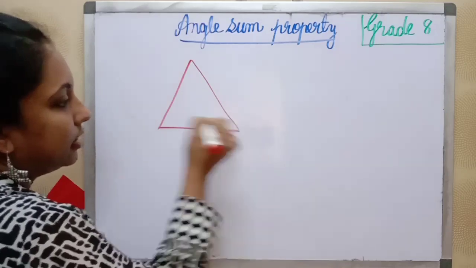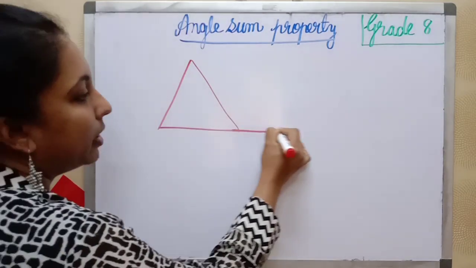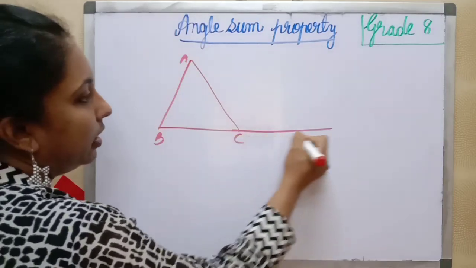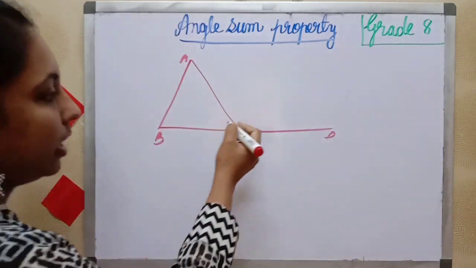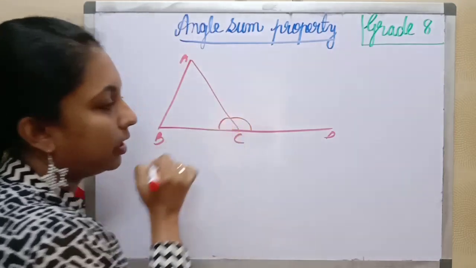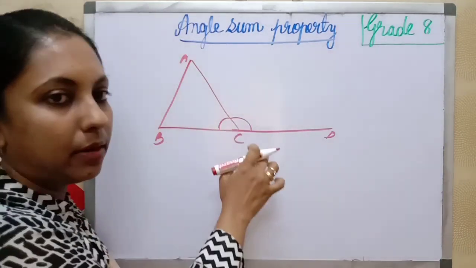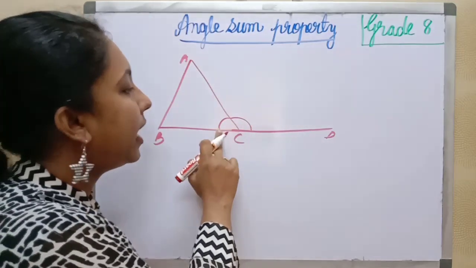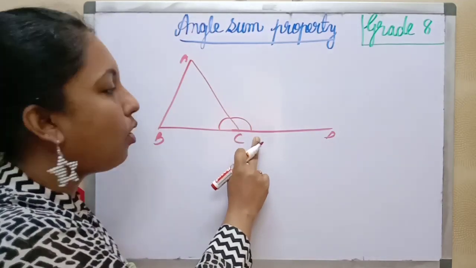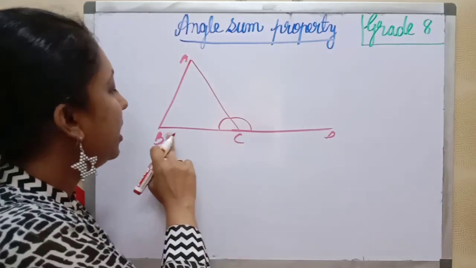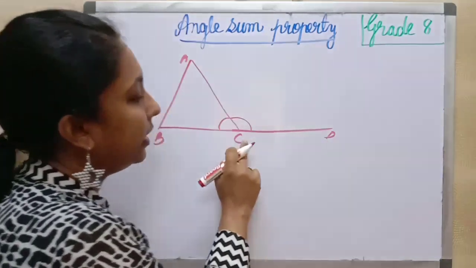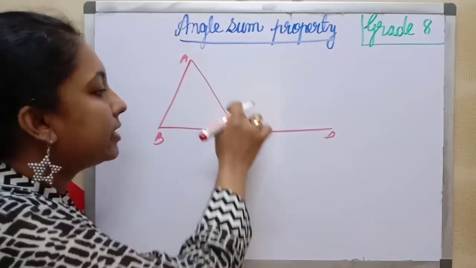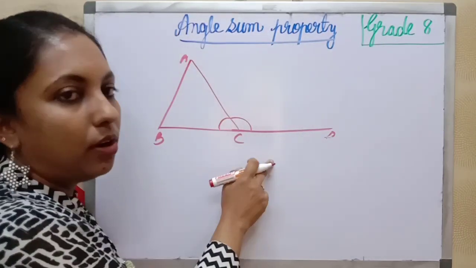One more property you already learned in the previous class. This is a triangle, and I am extending this line A, B, C, D. What is the connection between these two angles? This is a linear pair, the pair of adjacent angles formed when a line intersects. BC and CD are adjacent sides, and AC intersects these two lines.